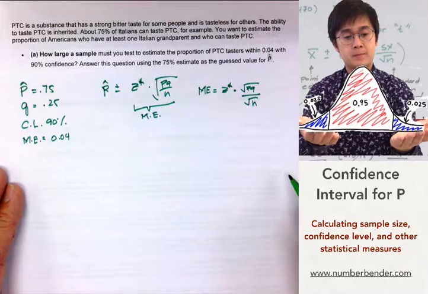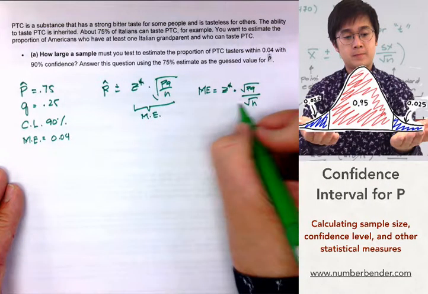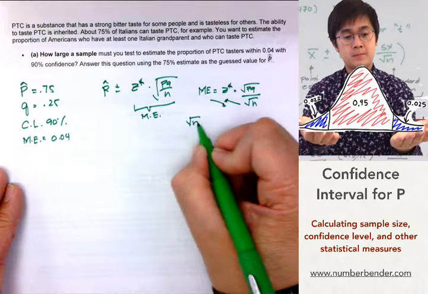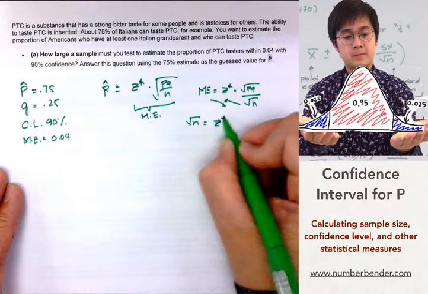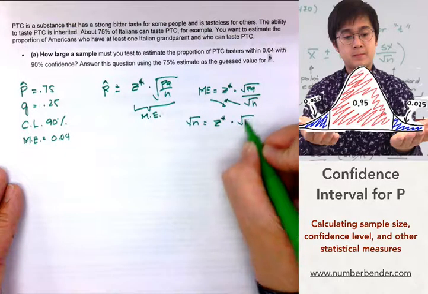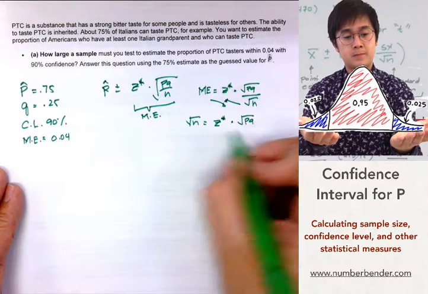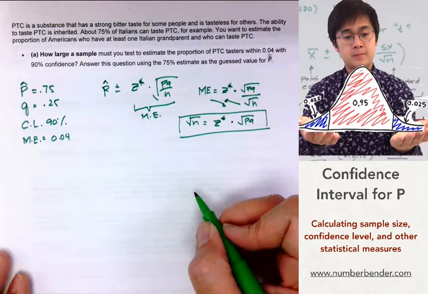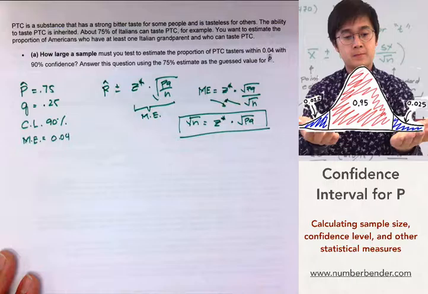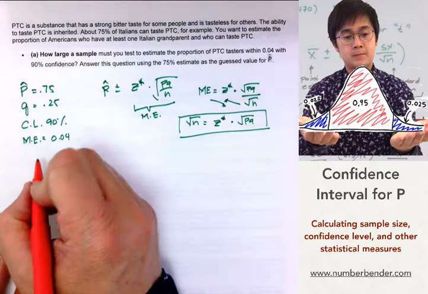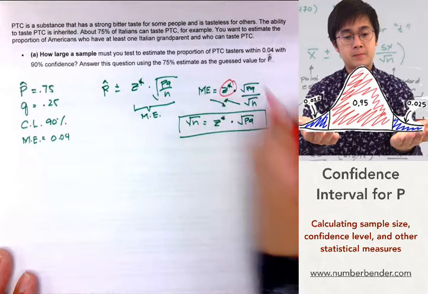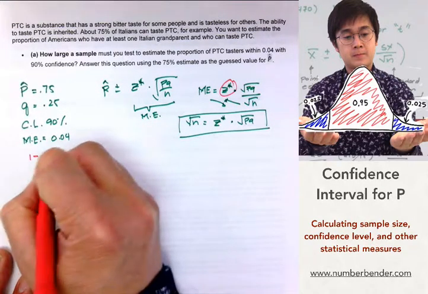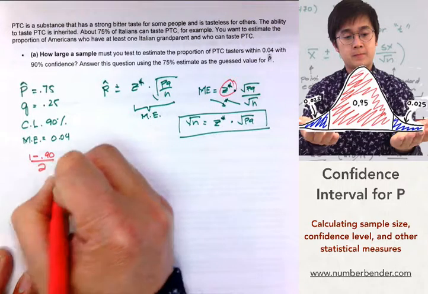So, by cross multiplication, we have square root of N equal to Z star times square root of PQ. So, ito yung formula na gagamitin natin mamaya sa pagkuha ng confidence interval Z star. So, yung Z star na lang yung kailangan nating hanapin. And to do that, using the confidence level, 1 minus 0.90 divided by 2, yun, doon magmumula yung area under the curve.